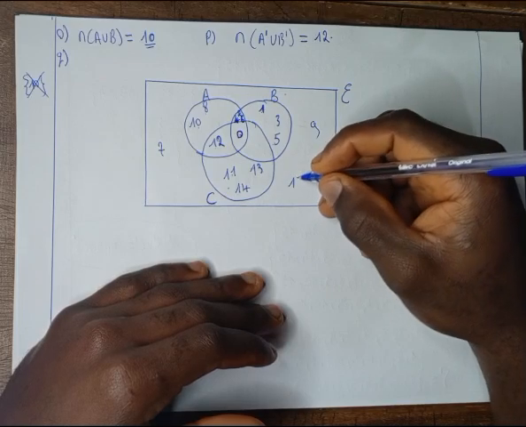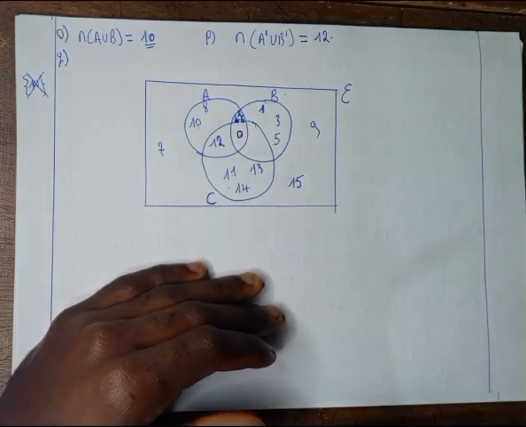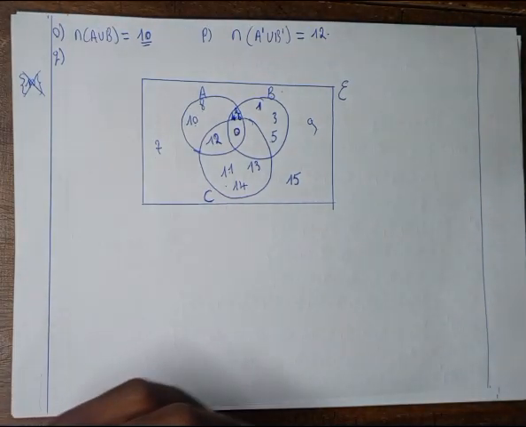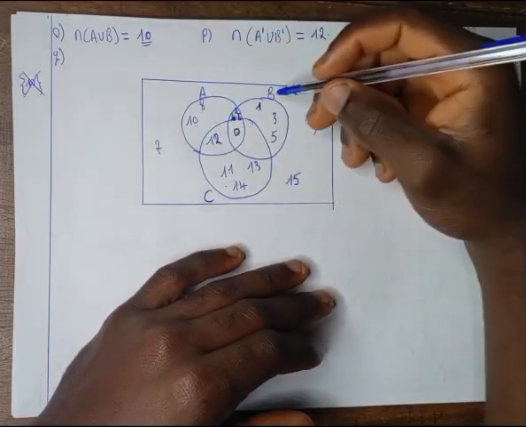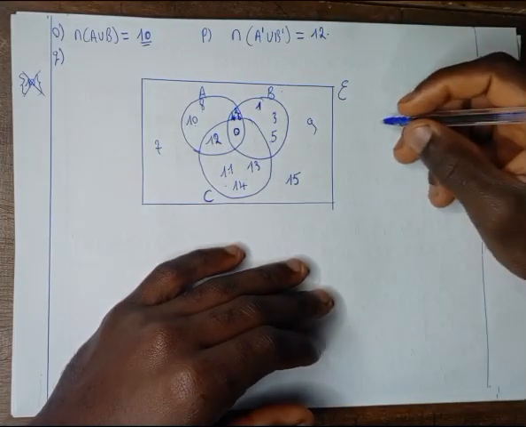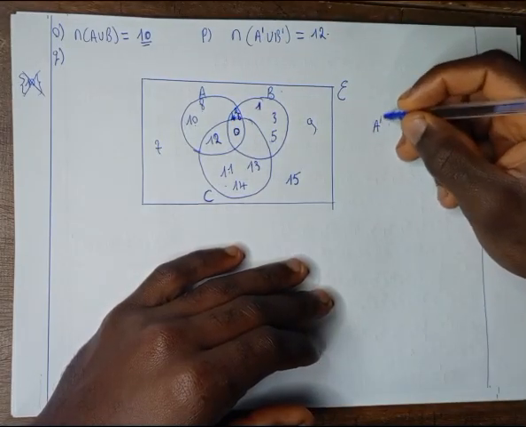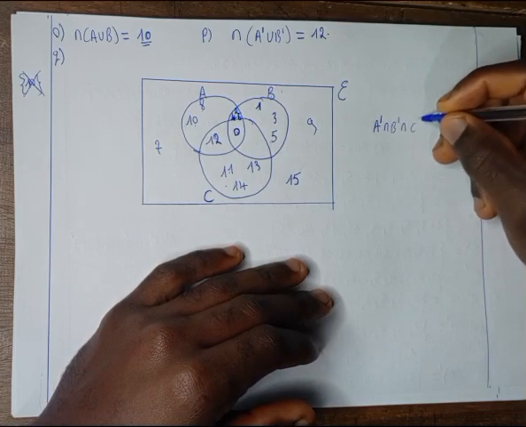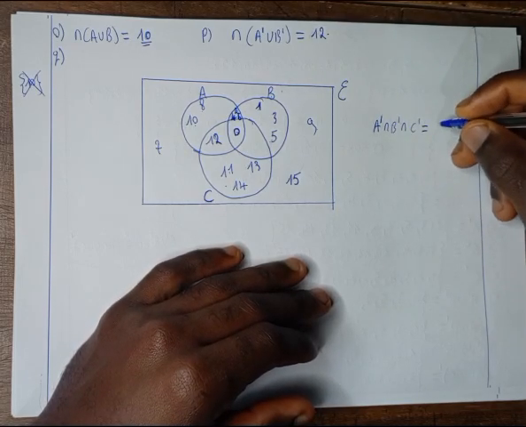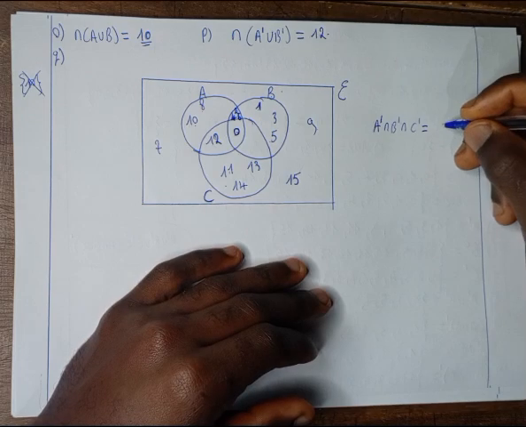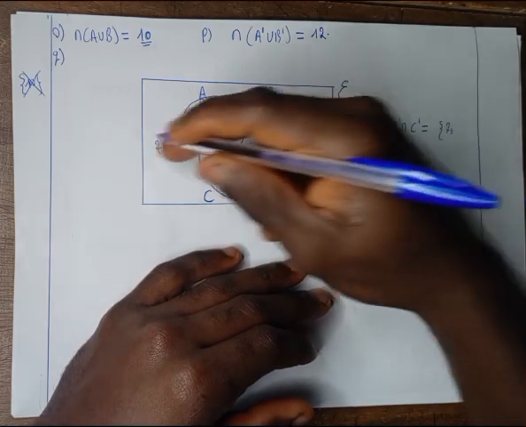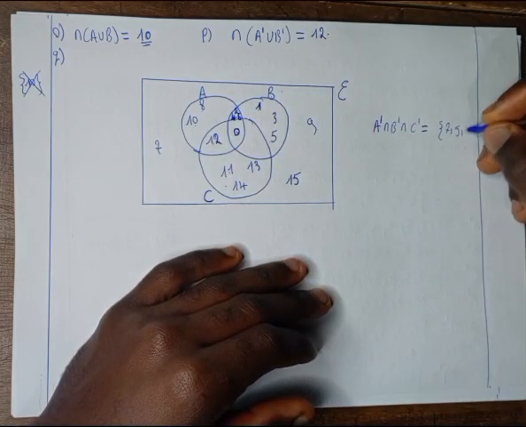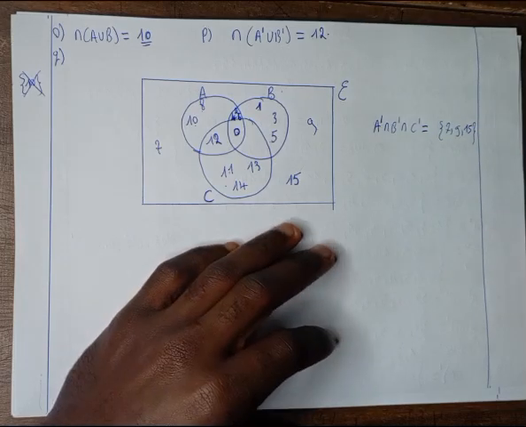We are going to write 15 here. So if you take the intersection of the complementary sets of A, B, and C as such, A complement intersection B complement intersection C complement is simply equal to 7, 9, and 15.